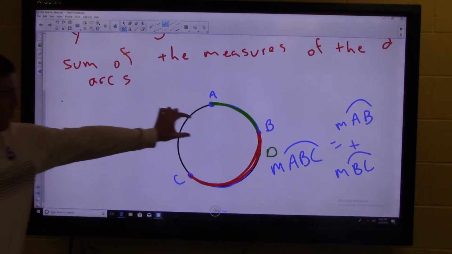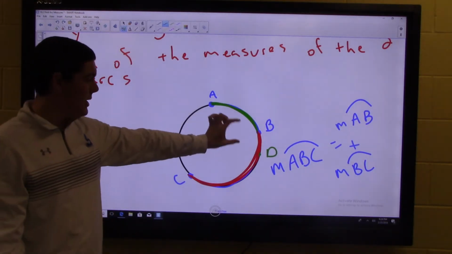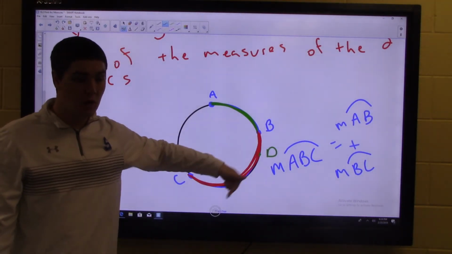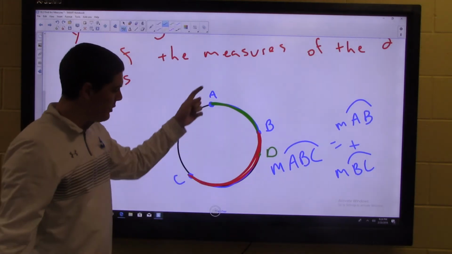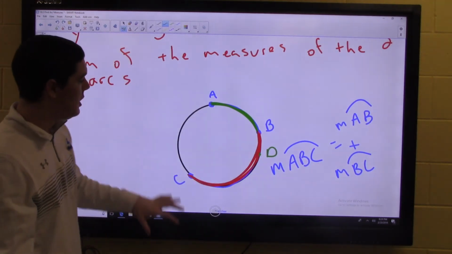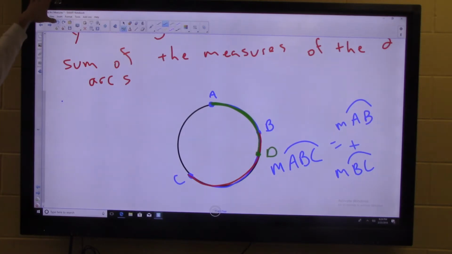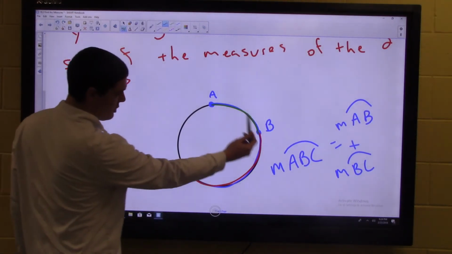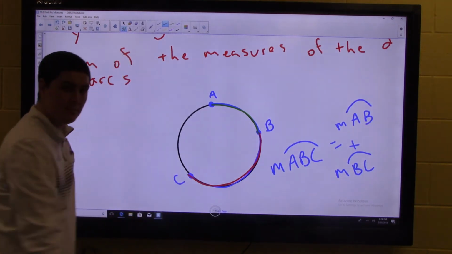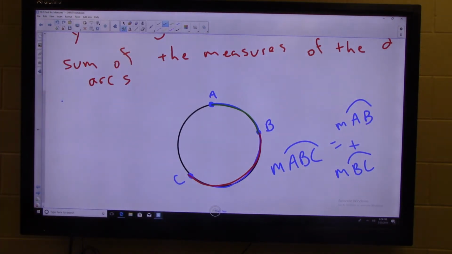Because they overlap here, we've got a piece of arc that we're going to be counting twice. That's why those arcs will not be true. So adjacent arcs have to be where one of the arcs ends, the other one has to begin. These are adjacent arcs, AB and BC. There cannot be any overlap.